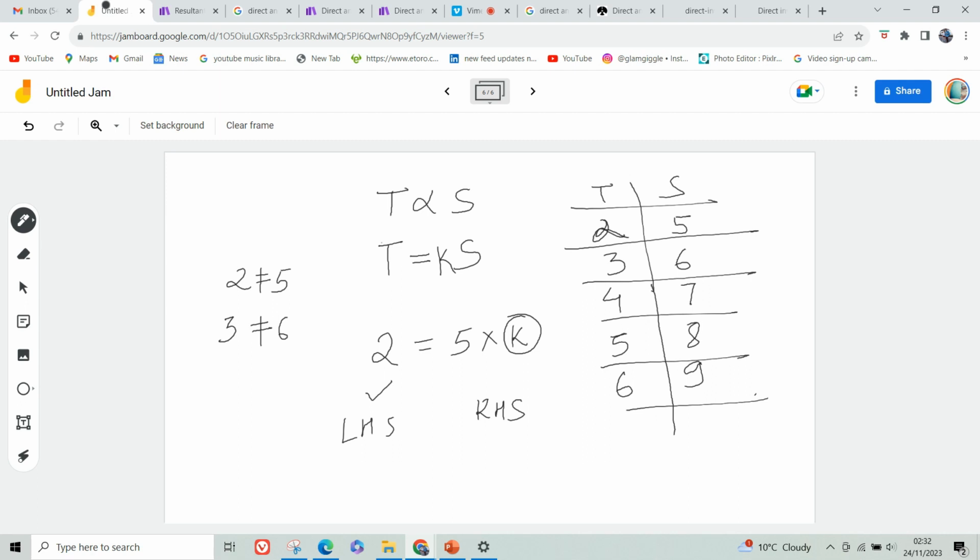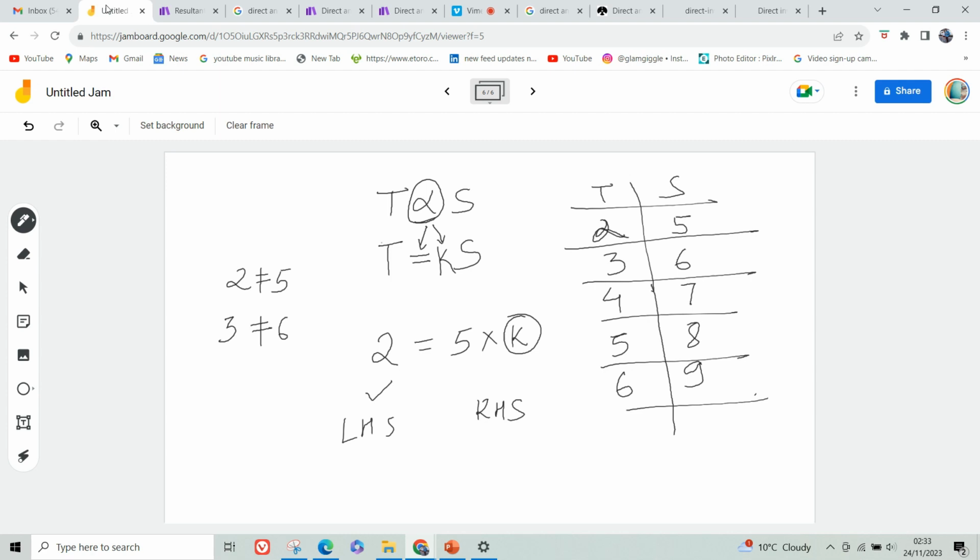So that's the reason whenever we are trying to get rid of this proportionality, we replace it with an equal sign and a constant. So that's the idea of direct proportion.